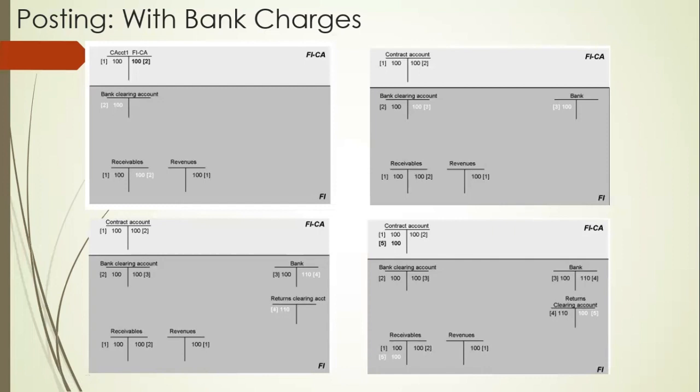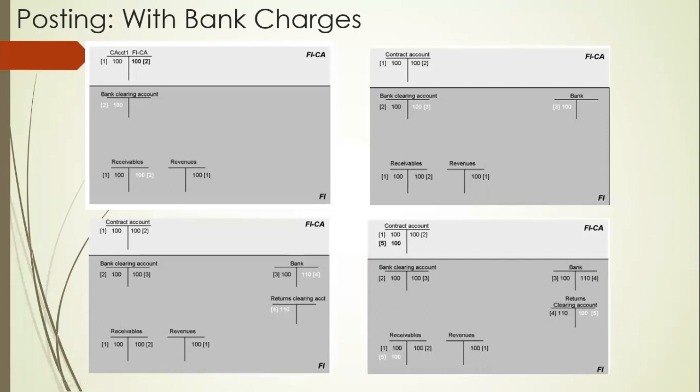It again creates 100 rupees against that 100 which is not cleared, and the revenue gets blank; it is sent back that it is still open. There is no incoming payment. Then we search for which contract account it is open at the bank level, and we find the contract account. So 100 is there, and the return clearing account amount is 110. Why 110? We add the bank charges, which is 10 rupees, 10%. That is how it finally gets cleared and goes back to the bank, back to the FI system, to the general ledger.